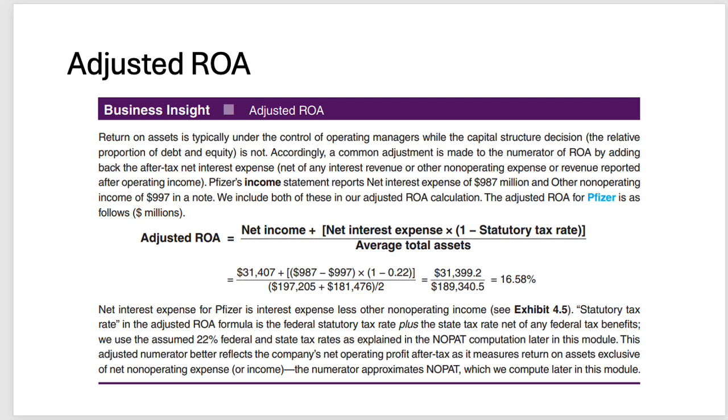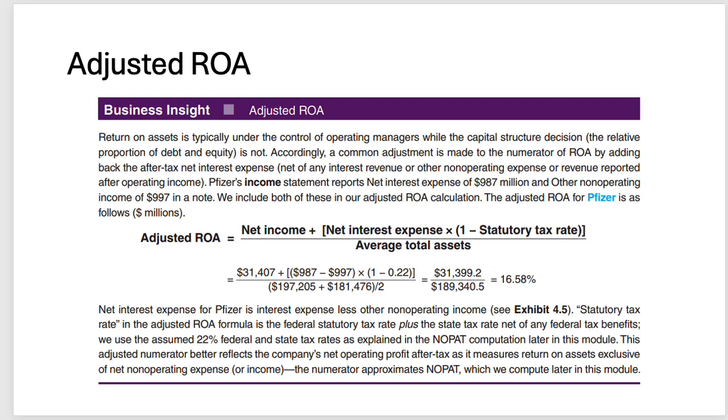This adjusted ROA business insight, which is an excerpt from the textbook, is worth going over in detail and really digesting. Essentially what it is saying is, as we have alluded to before in previous slide decks, there are some elements under the direct control of operating managers who have an opportunity to influence and improve. And of course, there are other elements that affect a company's overall economic performance which are out of those hands, including capital structure, with the relative proportion of debt to equity, as well as the tax burden.